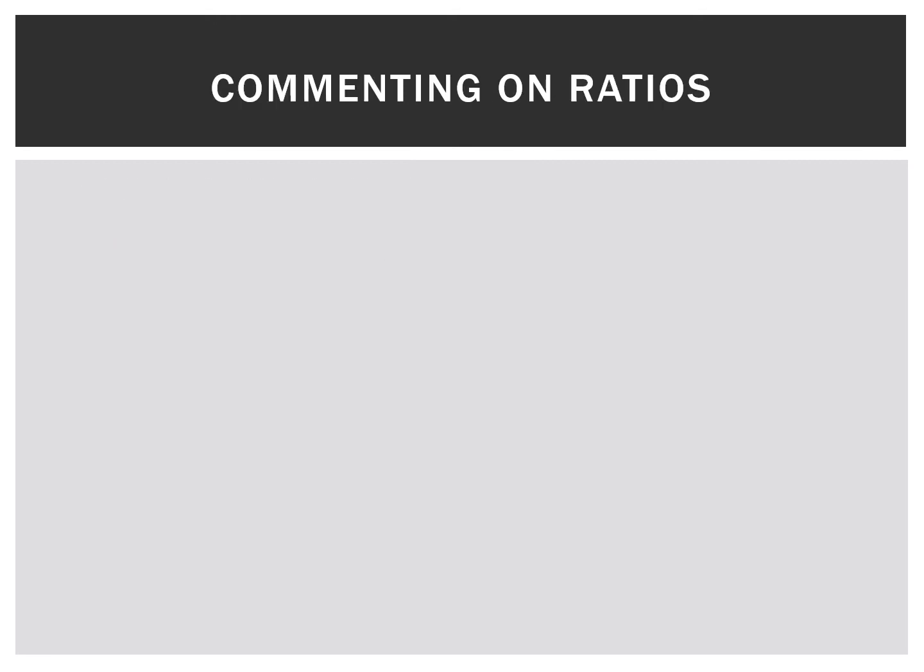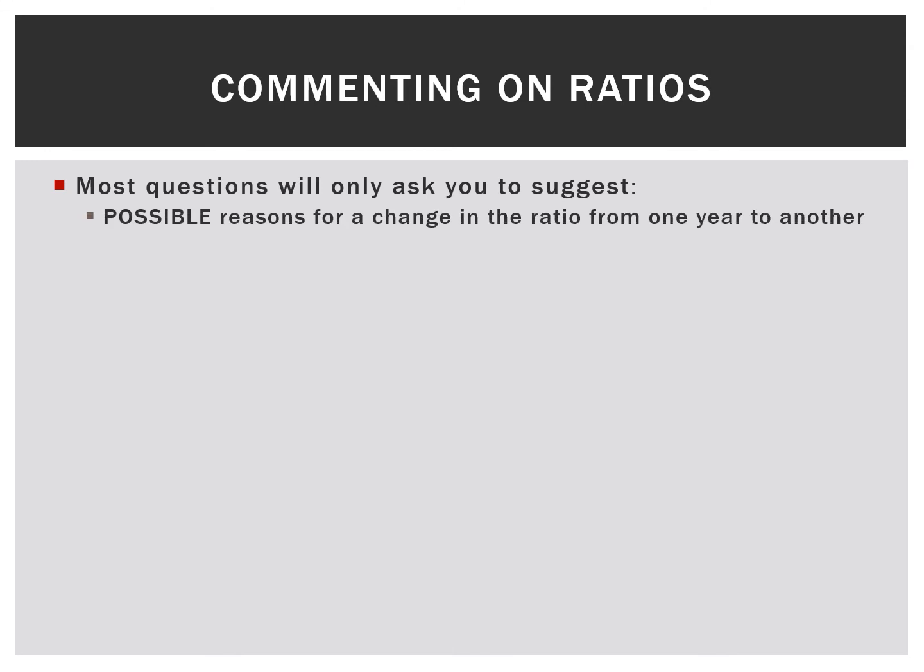One of the main problems that students come across is the question asking for commentary on ratios. Those questions will be looking for one of two things: either possible reasons to explain the change in the ratio from 1 year to another.